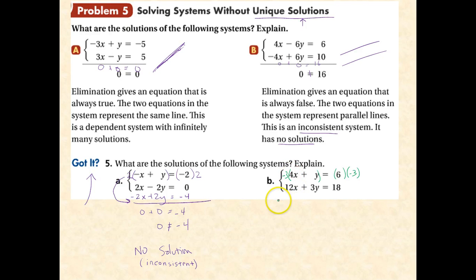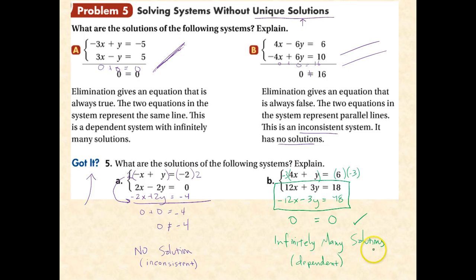So I would get negative 12x minus 3y equals negative 18. Now, if I add these two equations, I get 0 plus 0 equals 0, which is always true. So that tells me I got infinitely many solutions to this dependent system.